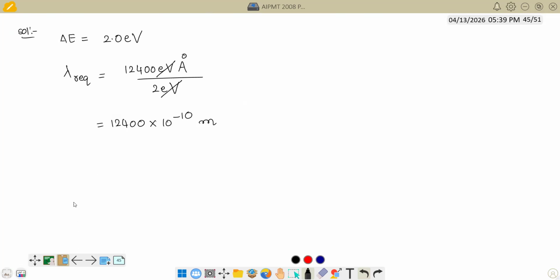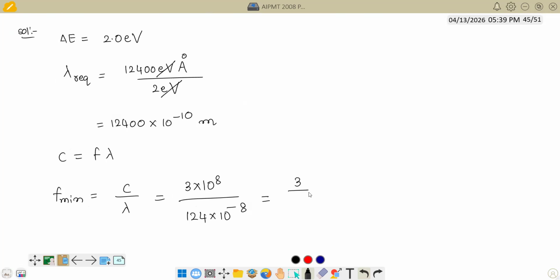Now from this we can find c equals f lambda. So f minimum will be equal to c by lambda. The c value is 3 into 10 power 8 divided by 1240 into 10 power minus 10. So I'll get 3 by 124 into 10 power 16.